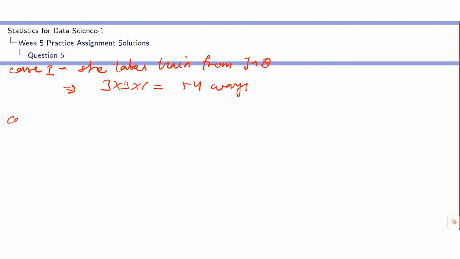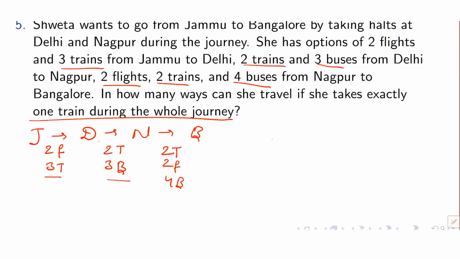Case second, if she takes train from Delhi to Nagpur. In that case, she has the option of 2 trains only, and from Jammu to Delhi she cannot take train.